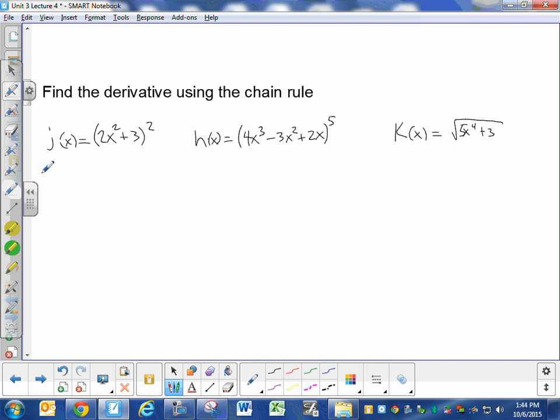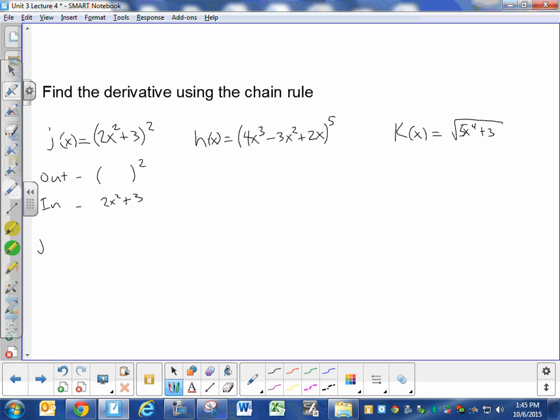Well, what I like to do and what I recommend my students do is write down what's the out and what's the in. And I'm okay if you use the parentheses as being, hey, this is the outside, this stuff being squared. And then the inside would be the 2x squared plus 3, the stuff inside the parentheses.